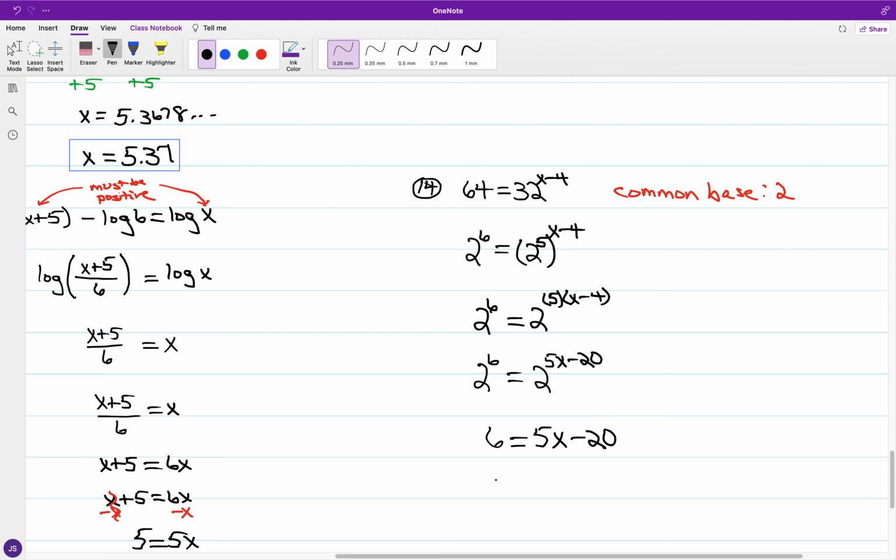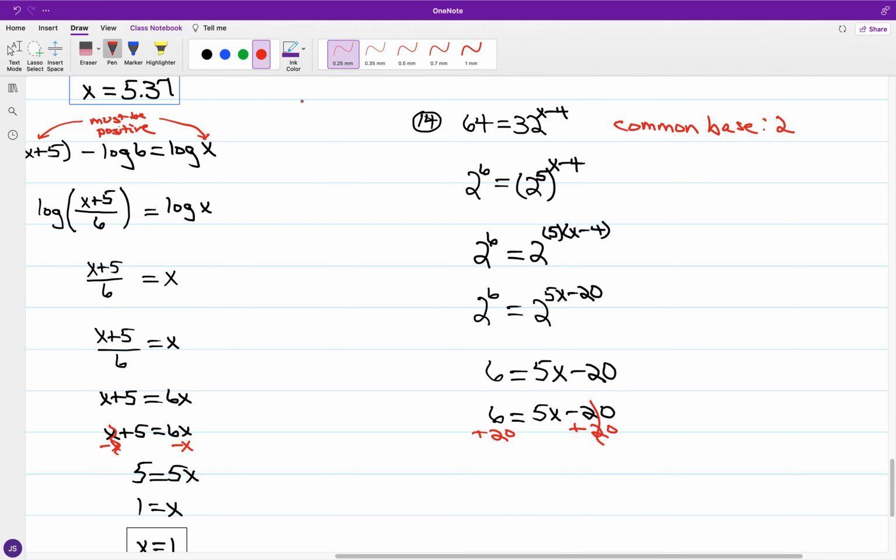So you have that 6 is equal to 5x minus 20. Isolating the x term, you got 6 plus 20, so that will be 26, is equal to 5x.